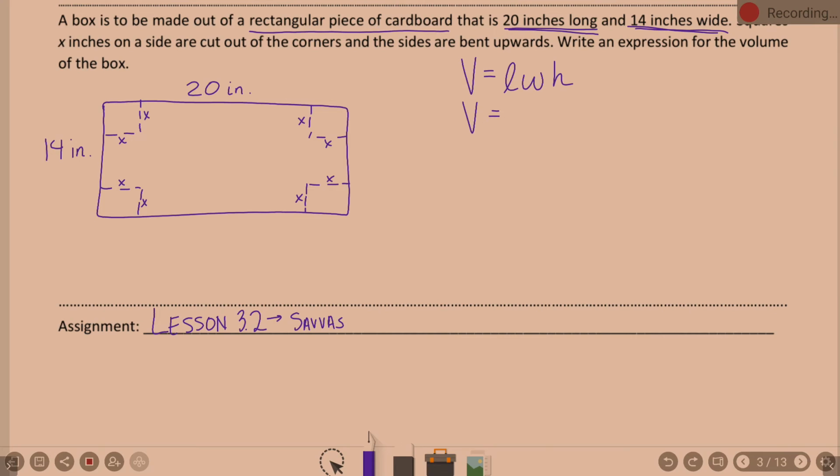So I'm going to take my rectangle. Here's my rectangular piece of paper. Ooh, that's not very equal, but I'm cutting out my 4 corners. We're going to pretend all 4 corners are the same. They're not going to be.